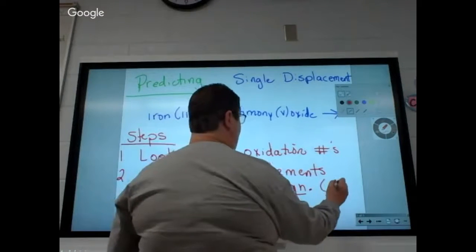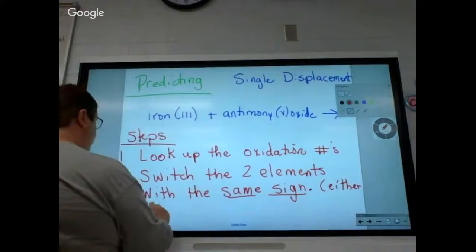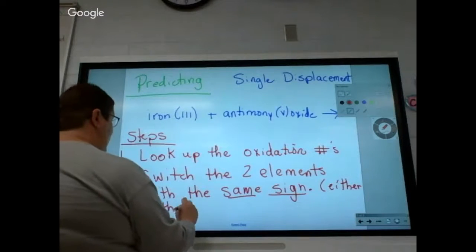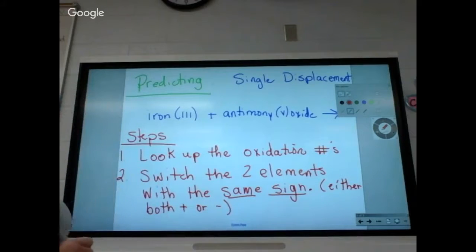By sign, I mean either both positive or negative. All right, you're not going to have two that. Well, you will have two positives and two negatives when we get to double displacement. You will not in single, and I'll explain that when we get there.